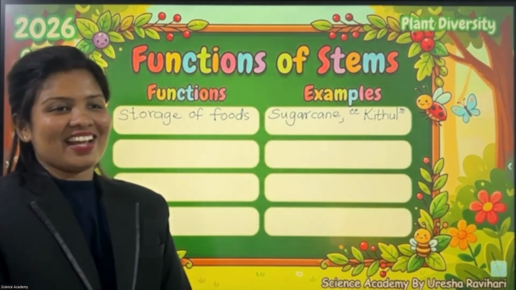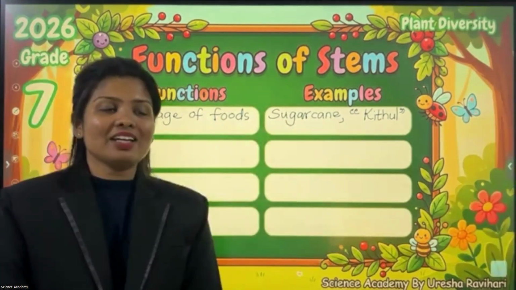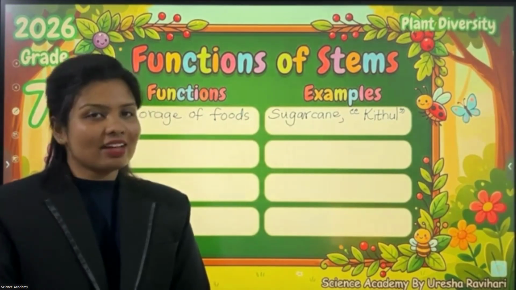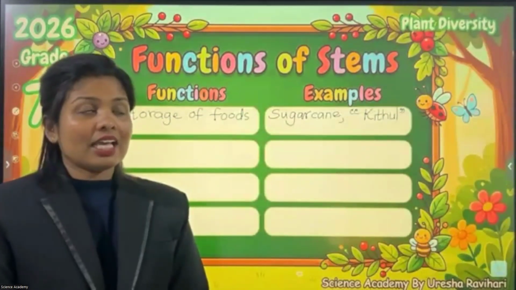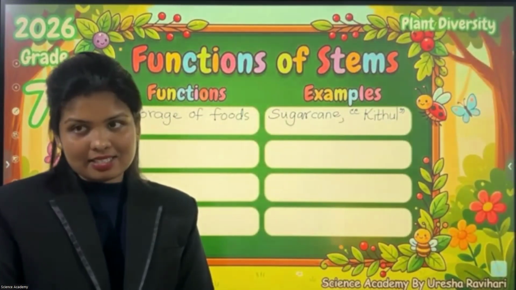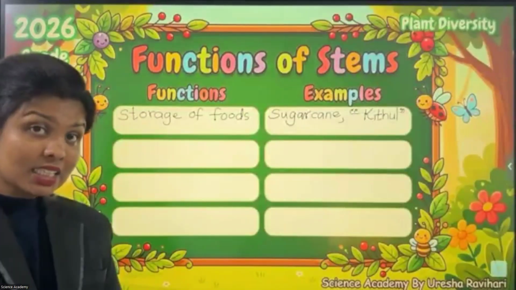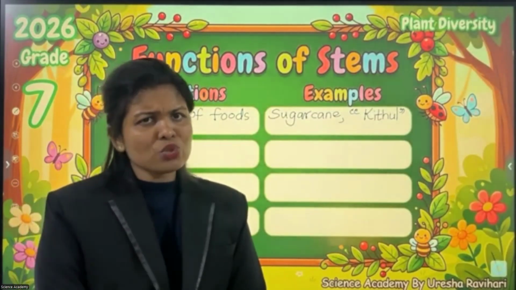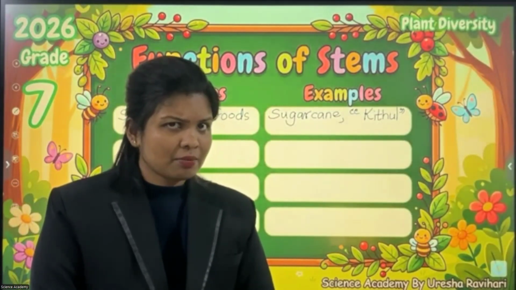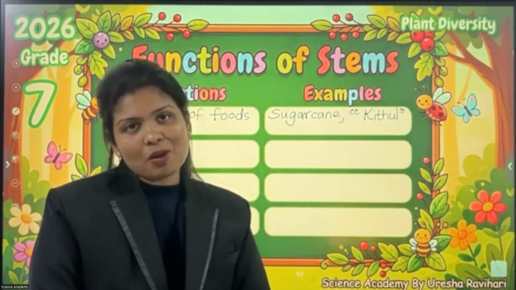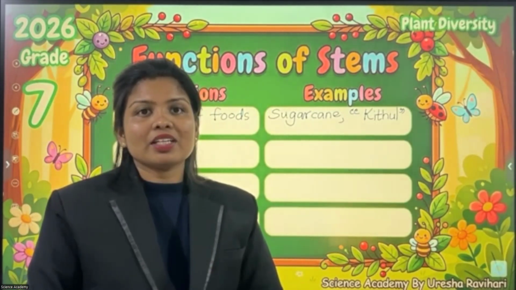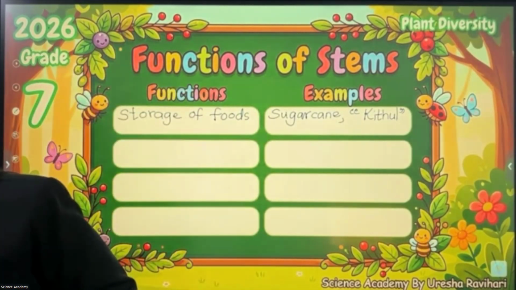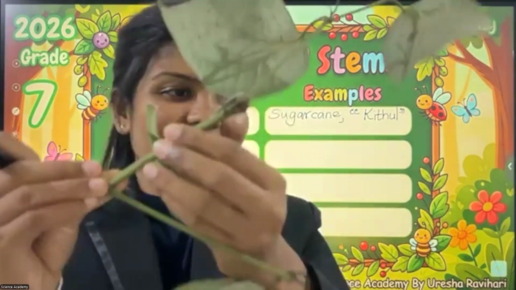Done. Okay, children, the next one is photosynthesis. Have you seen vines like hatha, heen binara, navahandi? Have you seen green colored stems, most probably in herbaceous plants? This is also a photosynthetic stem.